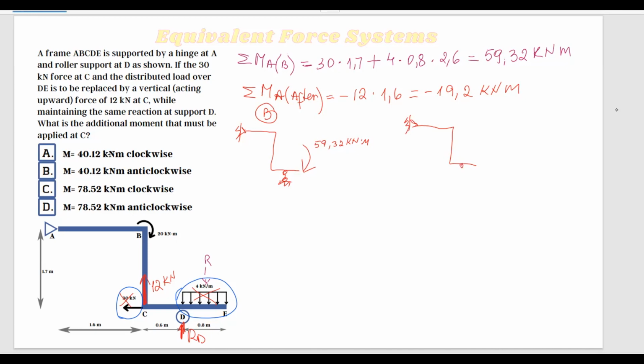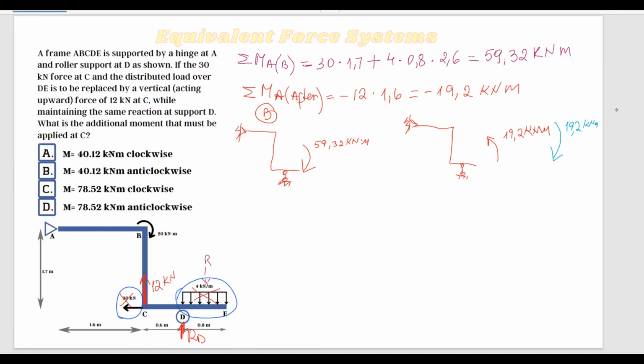And then for the second, after we remove the forces, my system looks like this. I have a moment counterclockwise of 19.2 kilonewton meters. And we were looking at these two systems last time, and we said, how do we make them equivalent? How do we make them the same? Well, if you think about it, in order for these two systems to be the same, I'm going to start by adding a moment downwards of 19.2 kilonewton meters.